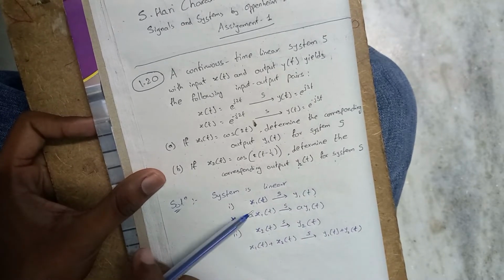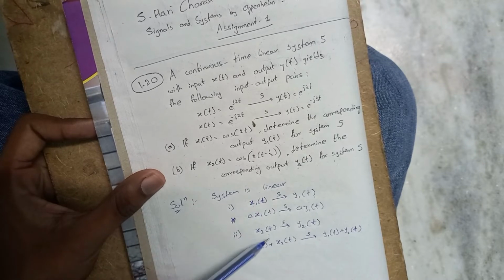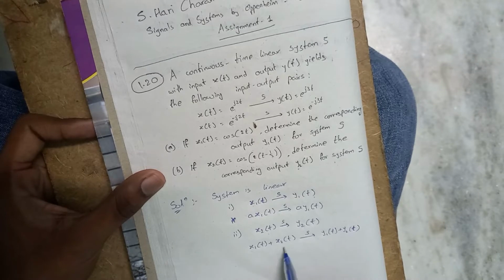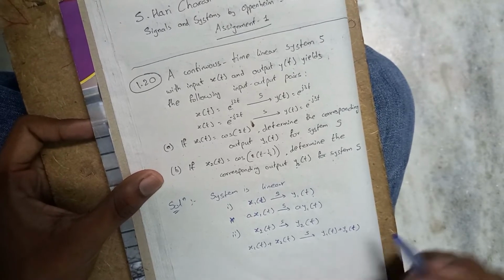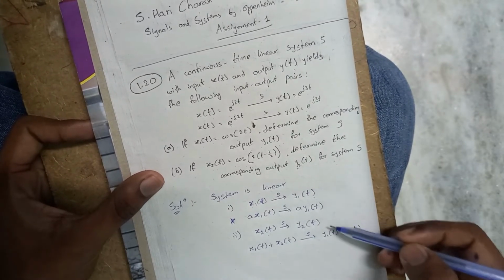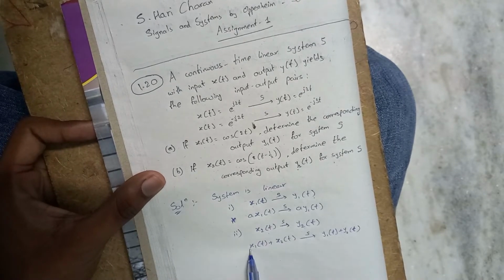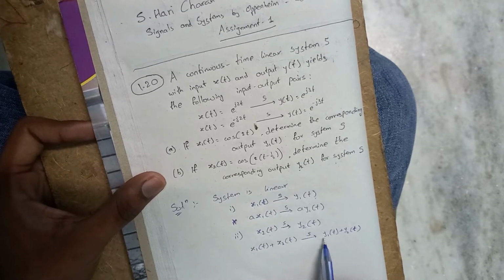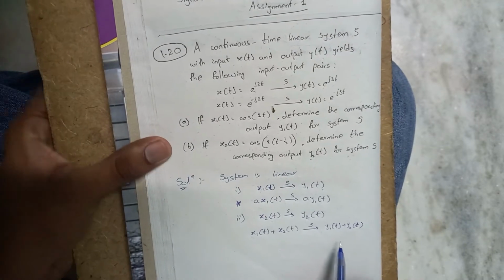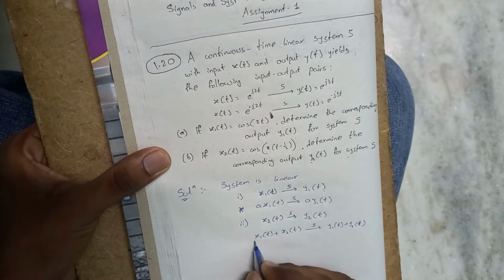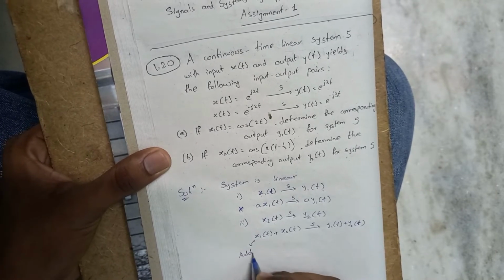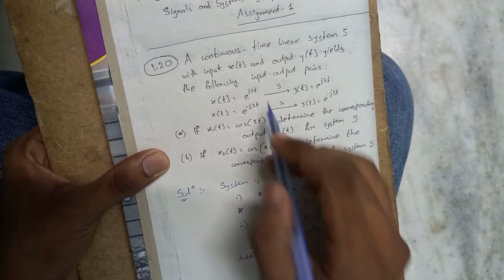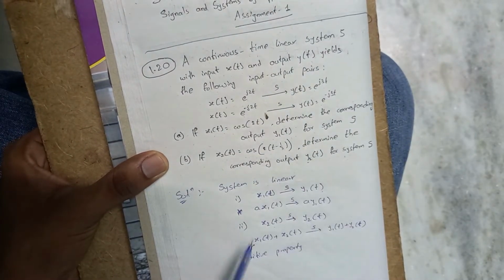If we add these two inputs, we get x1 of t plus x2 of t, and the output should be y1 of t plus y2 of t. This is the additive property. So the given system satisfies these two conditions.